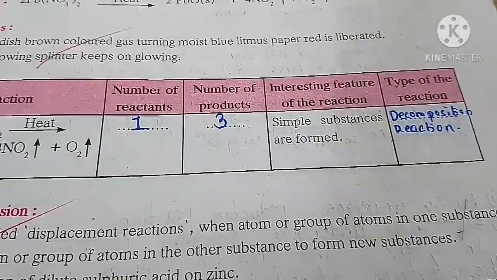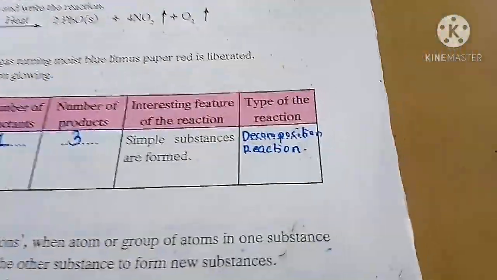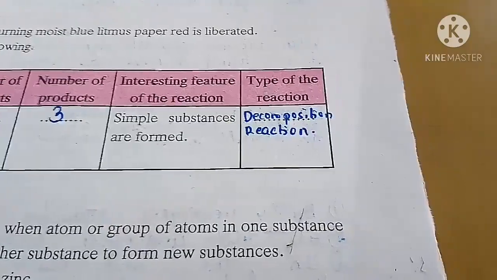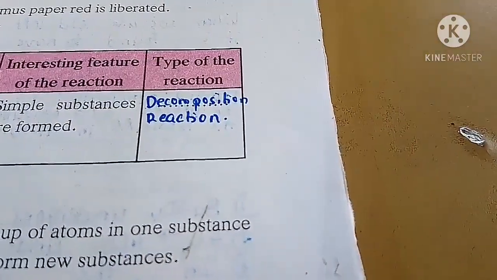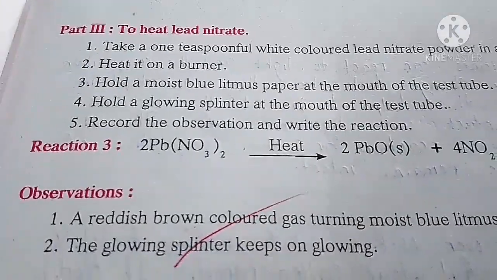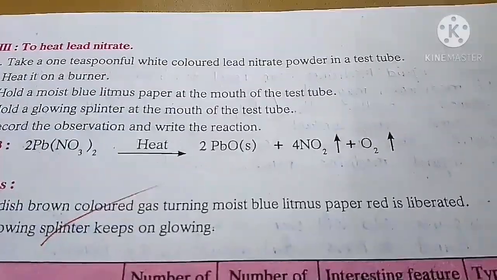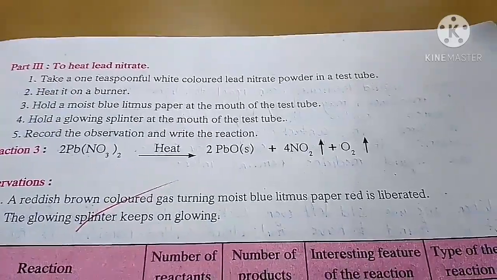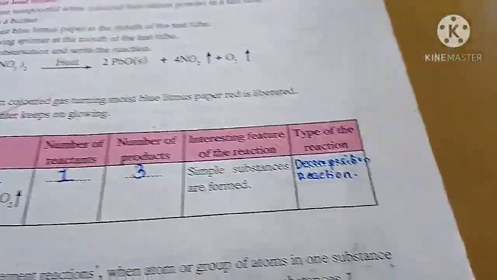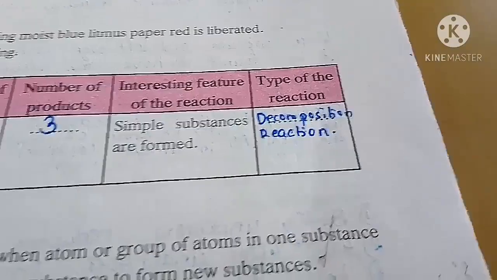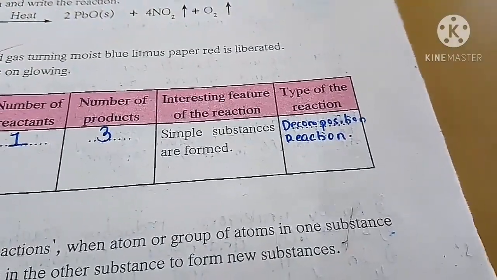Number of reactants 1, number of products 3. Interesting feature, simpler substances are formed. Decomposition reaction. When one reactant splits and gives rise to 2 or more products, such type of reaction is called a decomposition reaction.